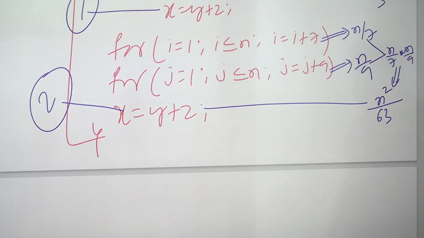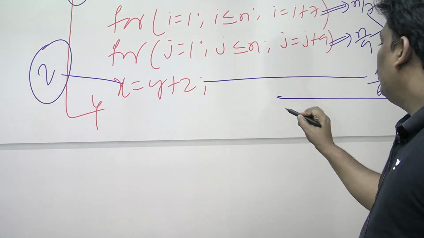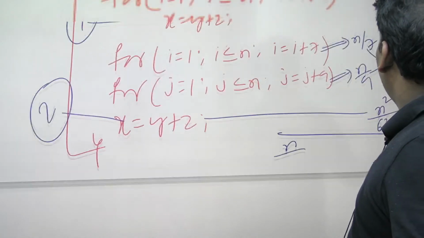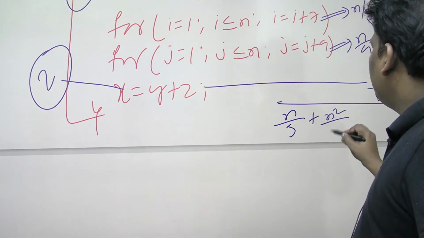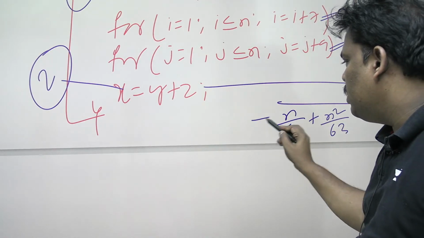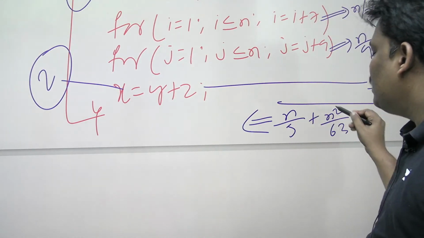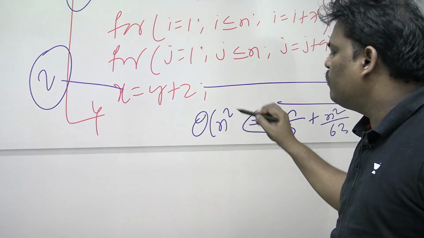Total is n by 5 plus n square by 63. Forget about constants. Between n and n square, the bigger one is n square, so you can write theta of n square.